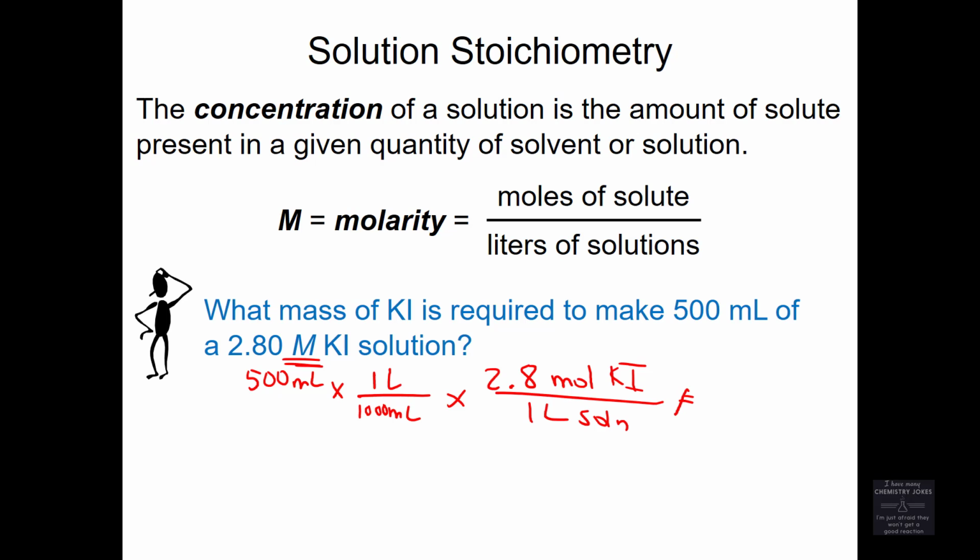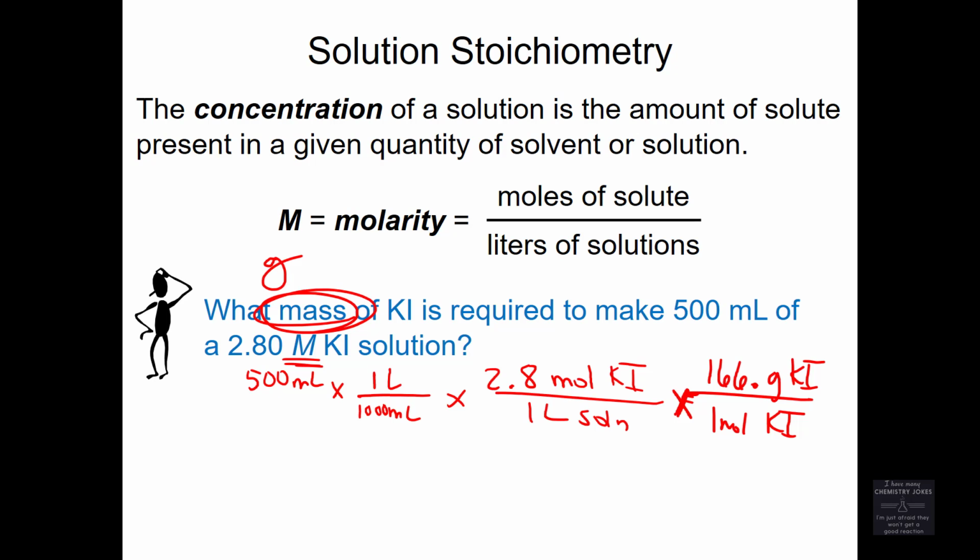And whoops, it says what mass, and I've got to keep going one more step. So then I do one more conversion. 1 mole of KI weighs 166 grams. Because it says what mass, I'm looking for grams mass. So do that little math, 166 times 2.8 times 500 divided by 1,000.